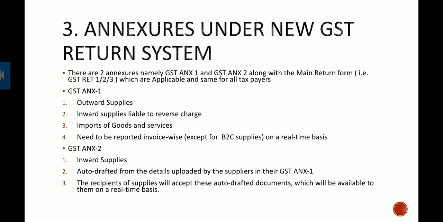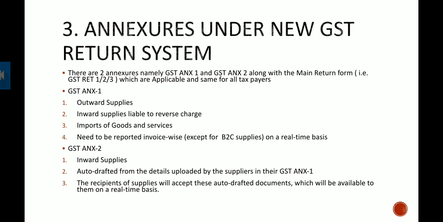It contains outward supplies, inward supplies liable to reverse charge, and imports of goods and services, and these need to be reported invoice wise. Invoice wise details are required only for B2B sales, not for B2C supplies.